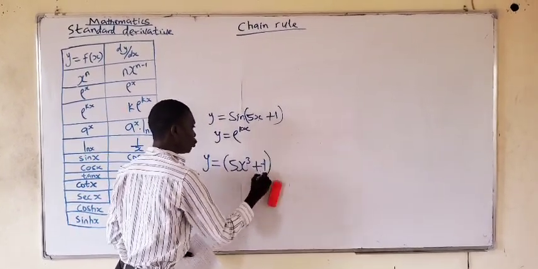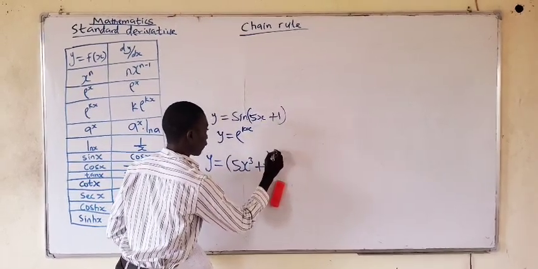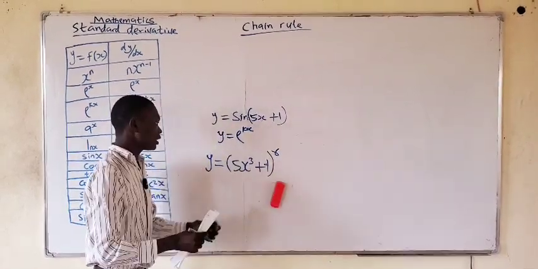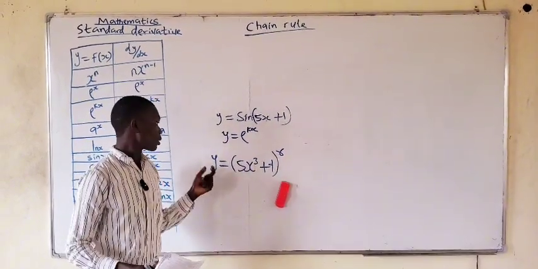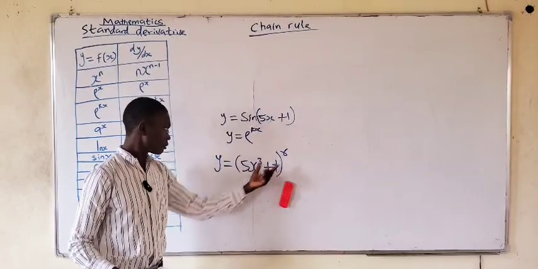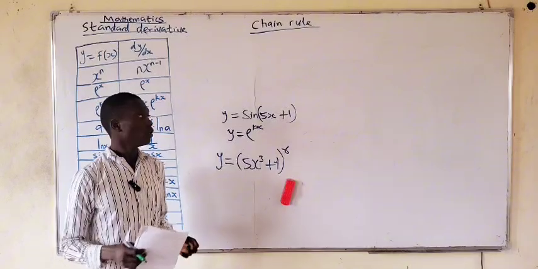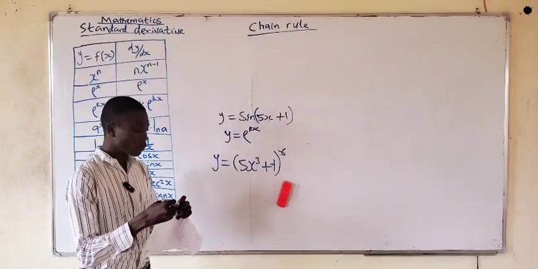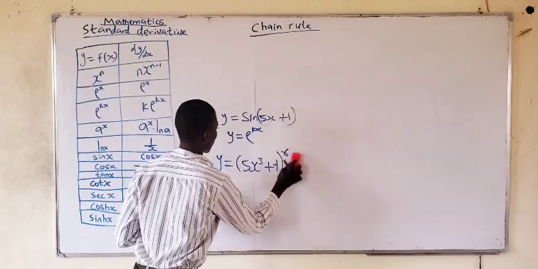At this point, you make use of chain rule, because y is not a direct function of x. It's not direct. You still have power and brackets. So you make use of chain rule. All right, let's solve one, two or three examples under this course.